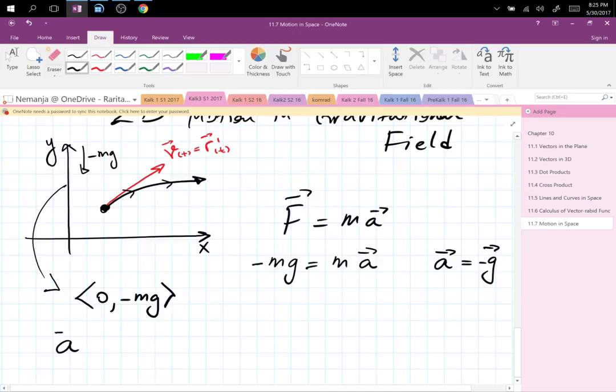So the acceleration vector is given as 0, negative g. That's the acceleration vector, yes. Which vector is described as 0, negative mg? The black one? Or the... This one. Gravity? Gravity, yes. Okay.